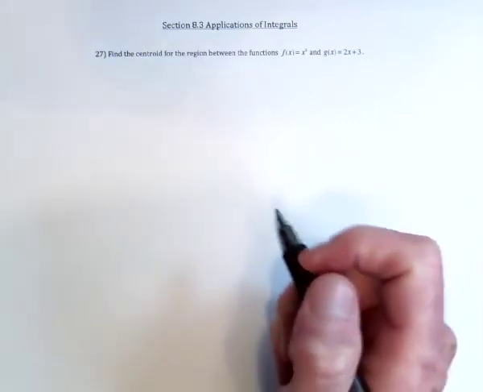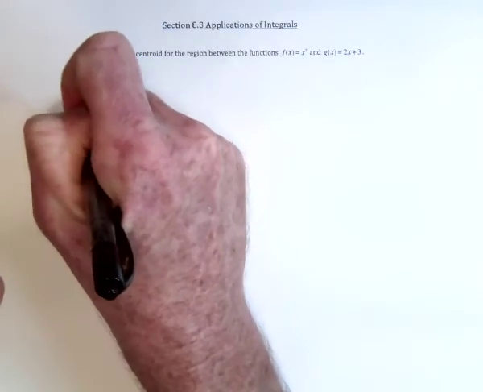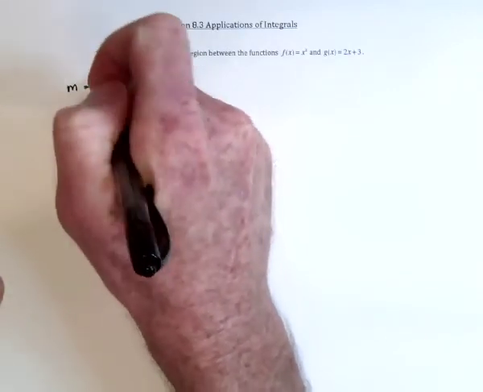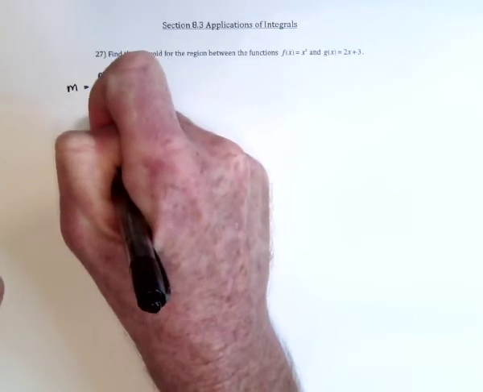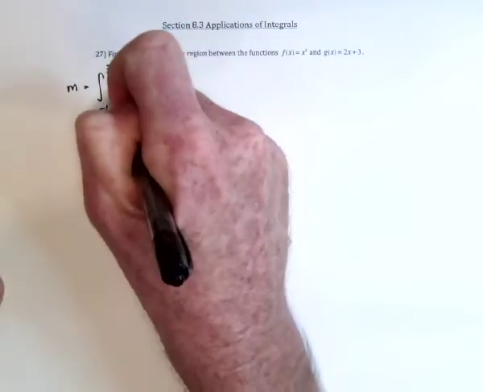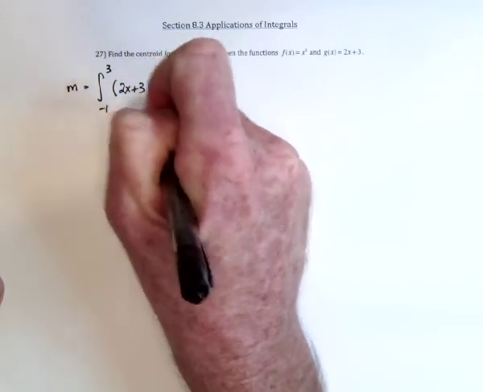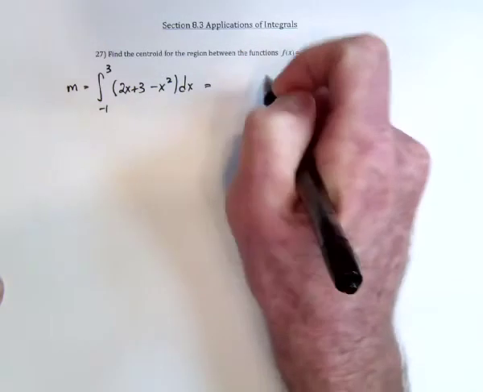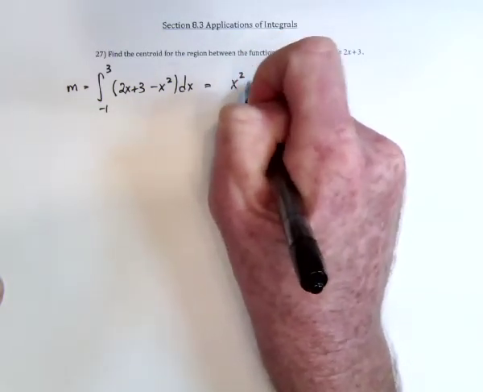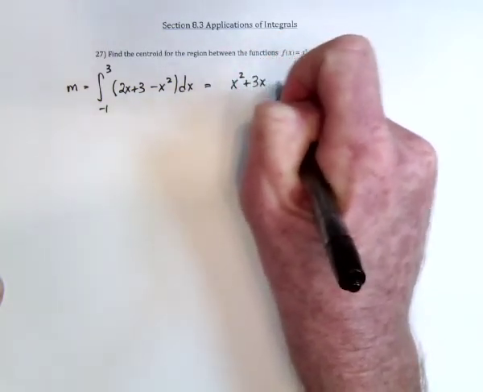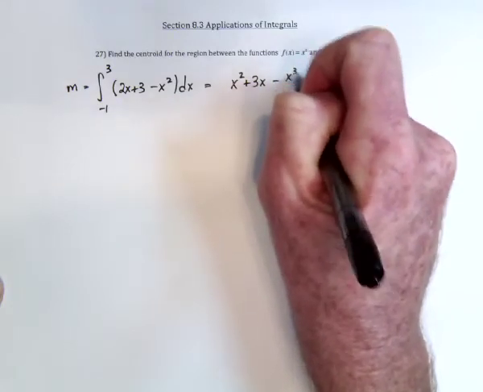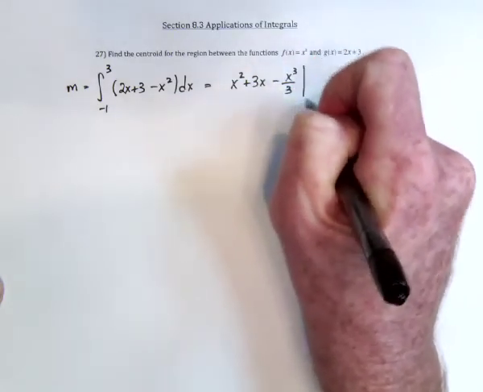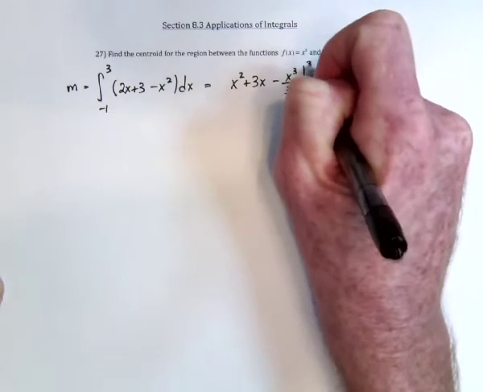So first, for the mass, it's going to be the integral from -1 to 3 of the top function minus the bottom, which is 2x plus 3 minus x squared. The antiderivative is x squared, plus 3x, minus x cubed over 3, evaluated from -1 to 3.